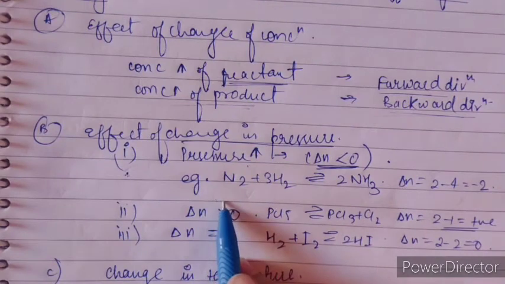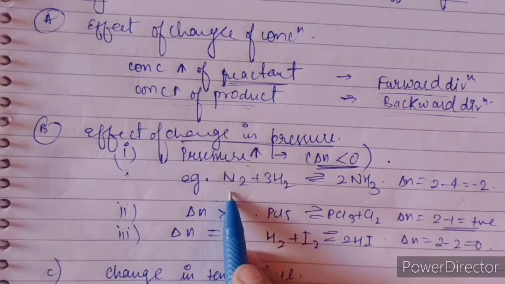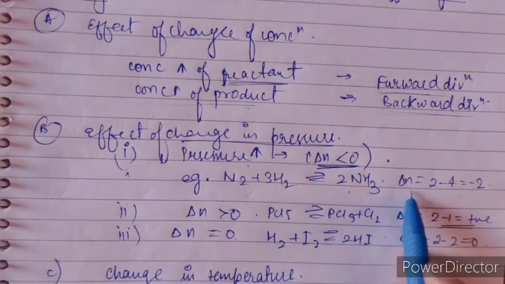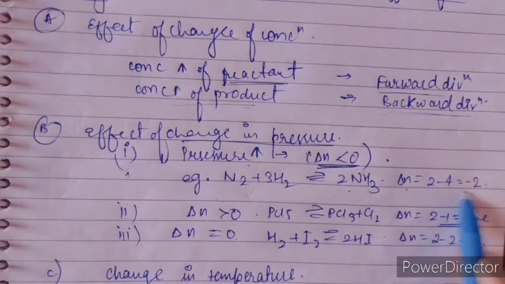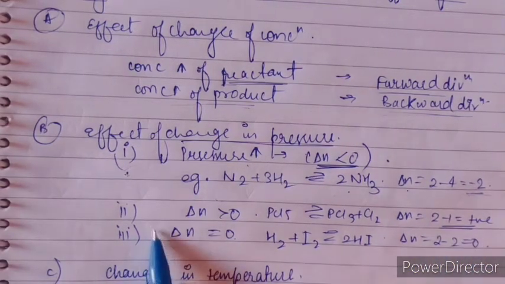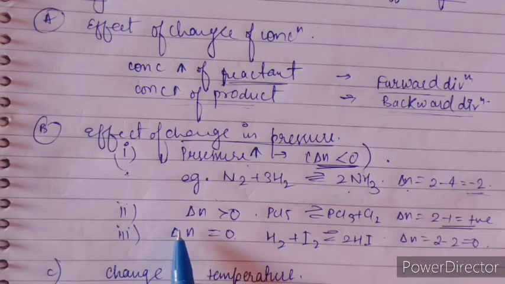For example, nitrogen and hydrogen react to give ammonia, where the value of delta n is 2 minus 4 equals minus 2. The second point is, if we decrease the pressure, the equilibrium shifts in that direction where the number of moles is increased, meaning delta n should be greater than 0.